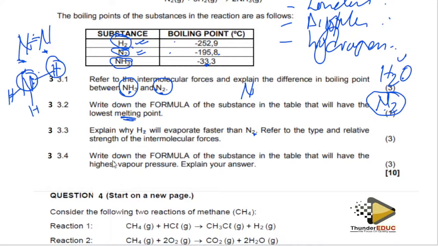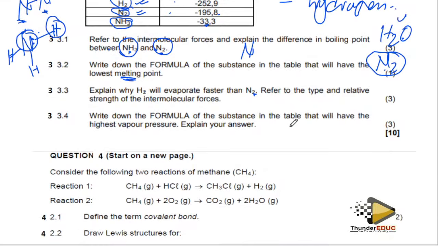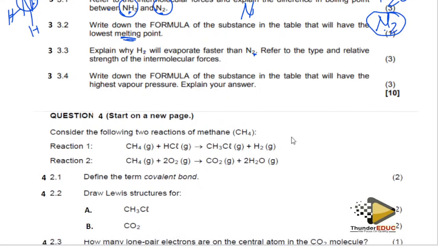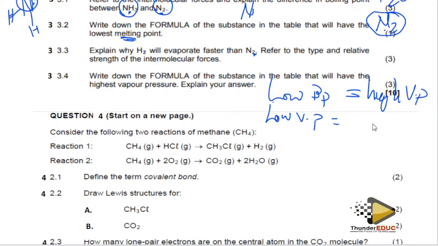Then the next question is saying, write down the formula of the substance in the table that will have the highest vapor pressure. The one which will have the highest vapor pressure is the one which will have the lowest boiling point. Low boiling point is equal to high vapor pressure, and low vapor pressure equals high boiling point, meaning they are inversely proportional.